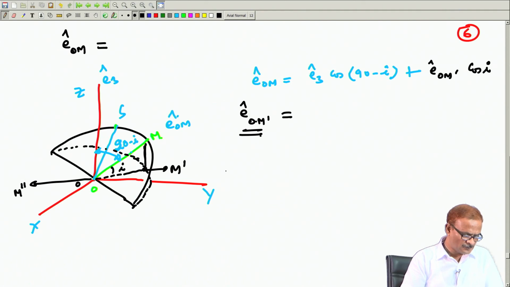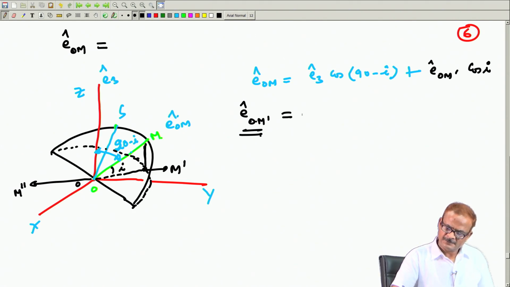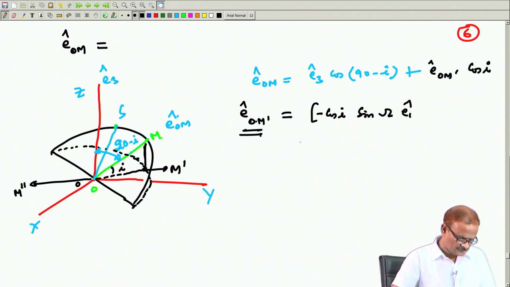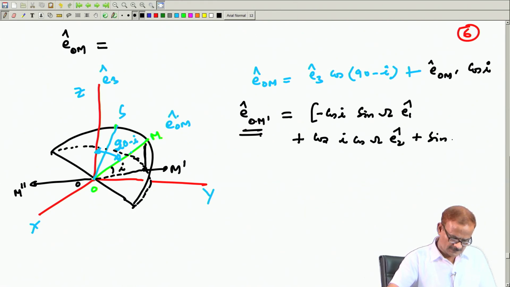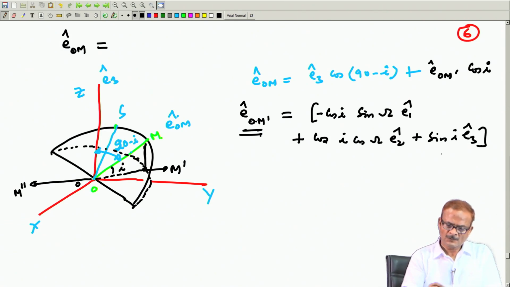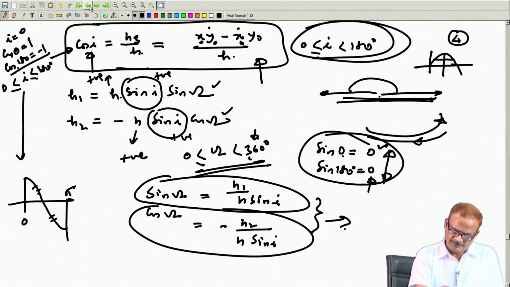Then we have to write this value, how much this is. This we have already worked out, and this vector is basically minus cos I sin capital omega E1 cap plus cos I cos capital omega E2 cap plus sin I times E3 cap. From where are we getting this?